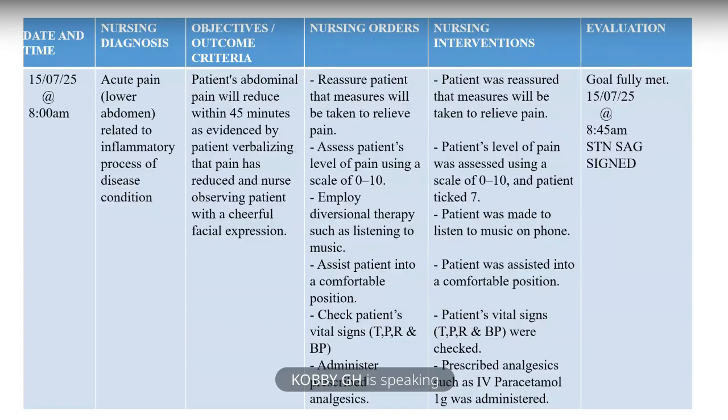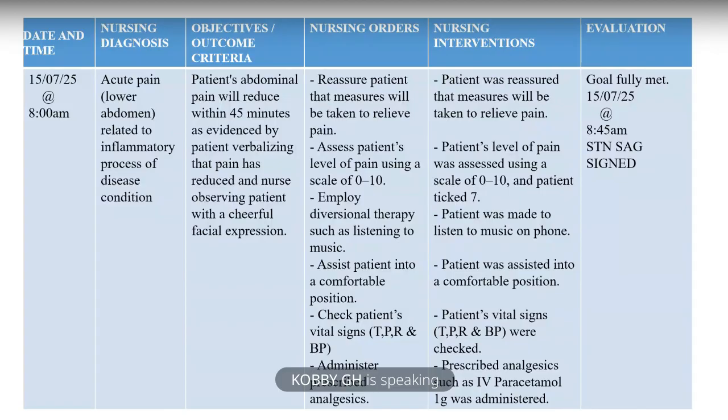When you go to surgical and they give you a patient whose operation has been done, don't relate it to the inflammatory process of the condition. Relate it to the surgical intervention. Acute pain, in brackets, lower abdomen, related to surgical intervention.